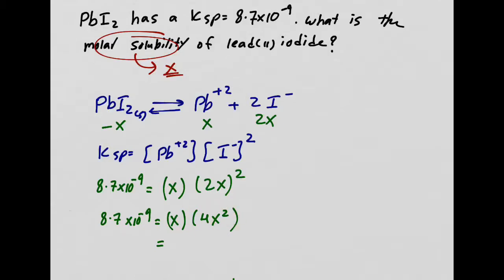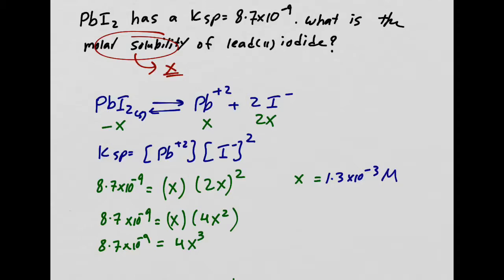I end up with 4x cubed. Okay, now if you do the math and solve for x, again this is 8.7 times 10 to the minus 9, what do I end up getting for x? For x you end up getting 1.3 times 10 to the minus 3. Again, x is going to be molarity. So now what does that mean?